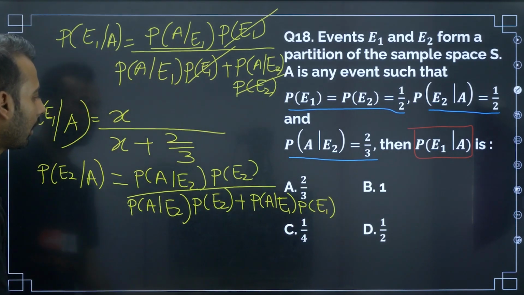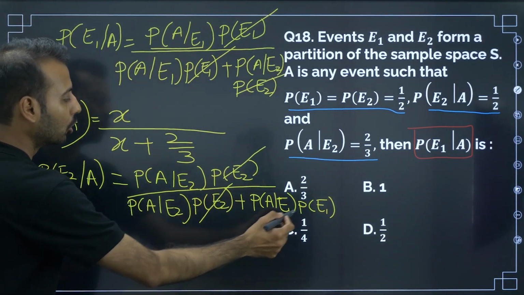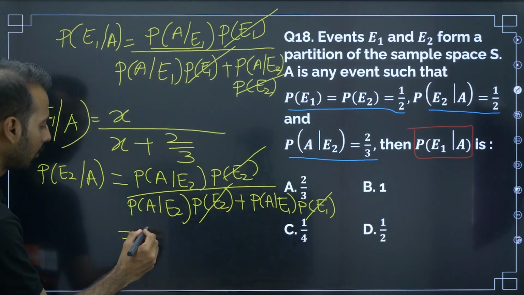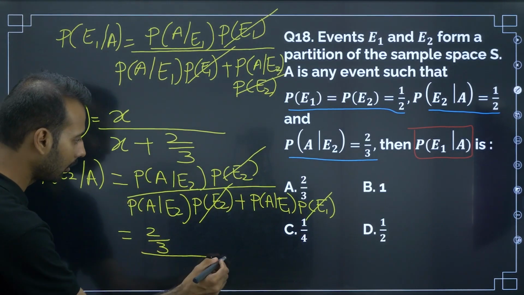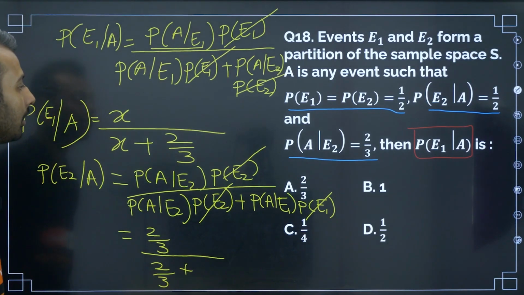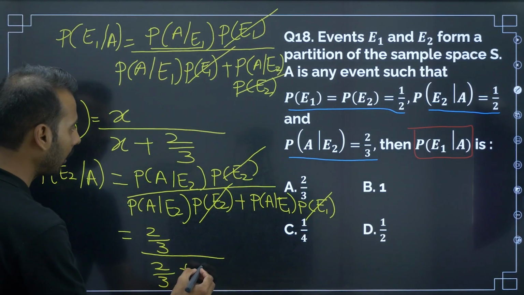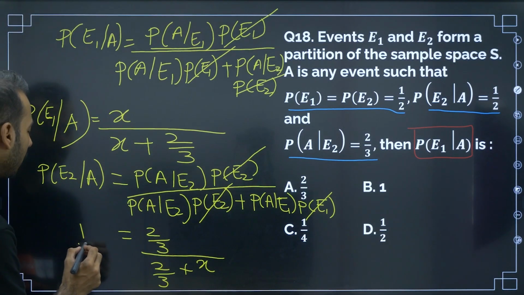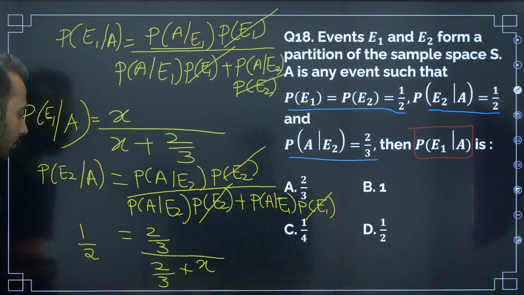Now again E2, E1 I will remove off. A given E2 is 2 by 3, divided by 2 by 3 plus A given E1, let me write that as X. E2 given A is how much? 1 by 2.